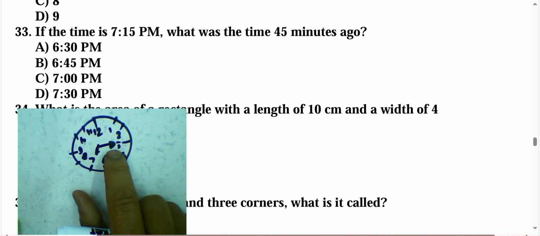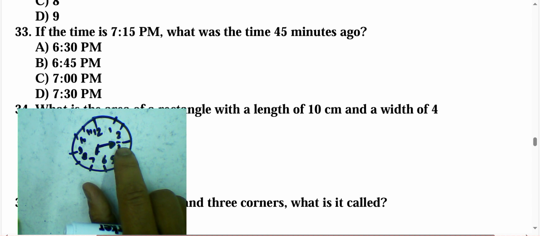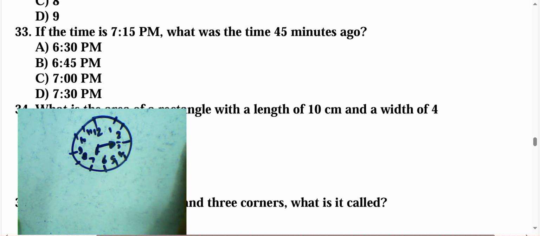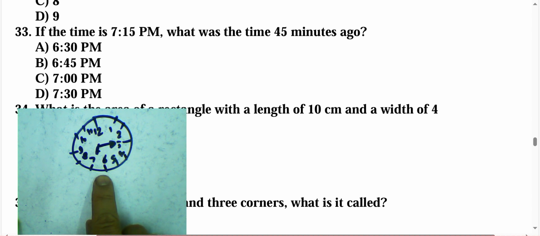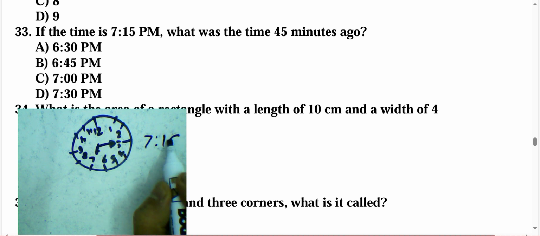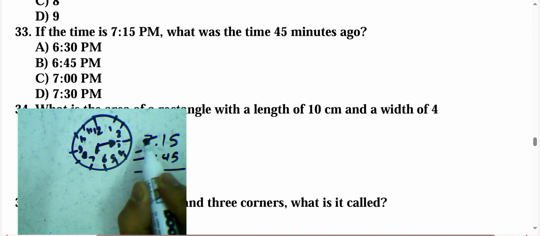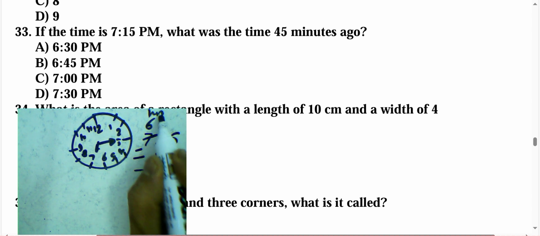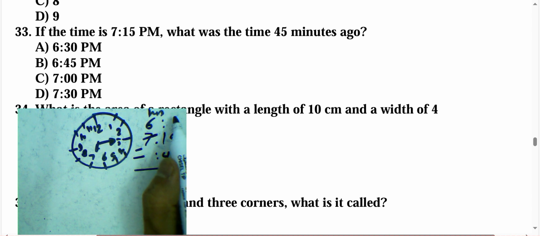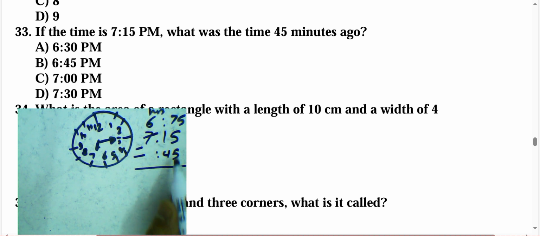Cancel 45 minutes from it. Then we find the difference between 7:15 and 45 minutes: borrowing 1 gives 6 hours, and 60 plus 15 equals 75. 5 minus 5 is 0, 7 minus 4 equals 3, and the result will be 6:30.